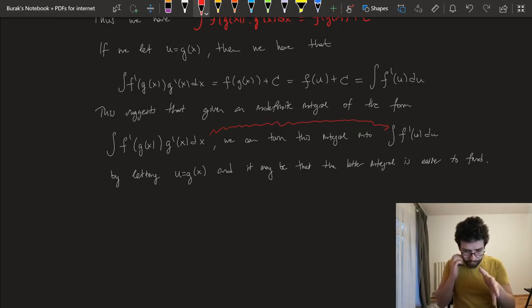So this whole thing suggests that when I give you a function to integrate, you're supposed to find an indefinite integral of that function.